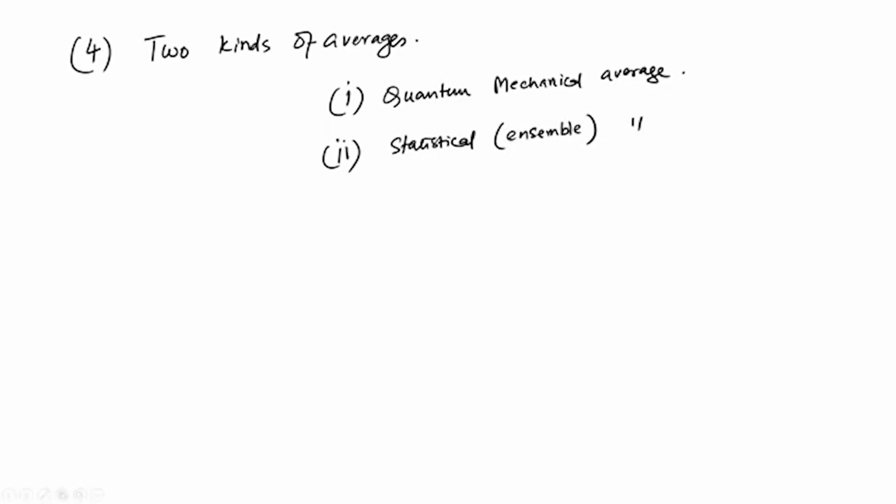So, instead of just one average, which is the ensemble average in classical statistical mechanics, here one needs to worry about two kinds of averages, or there is a double averaging that comes into the picture, where the quantum mechanical average or the expectation values of operators also have to be taken into account, and as well you need to average over the ensembles. Okay. So, this is something that we are going to discuss.